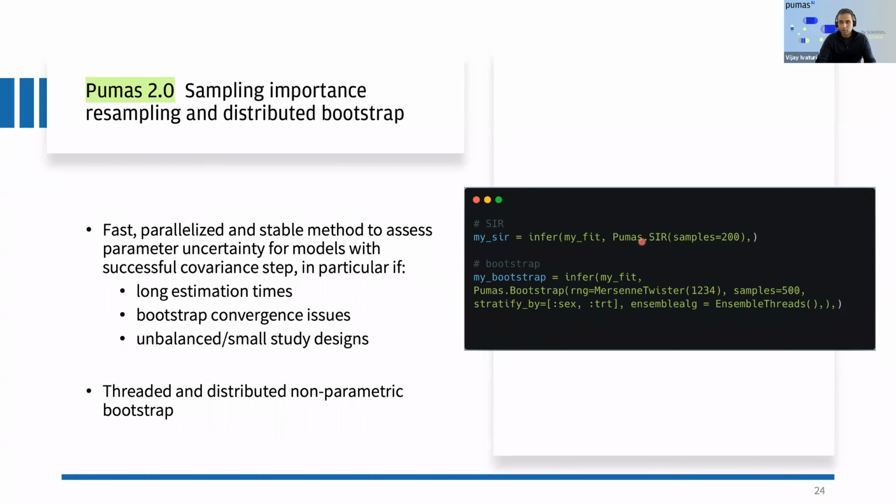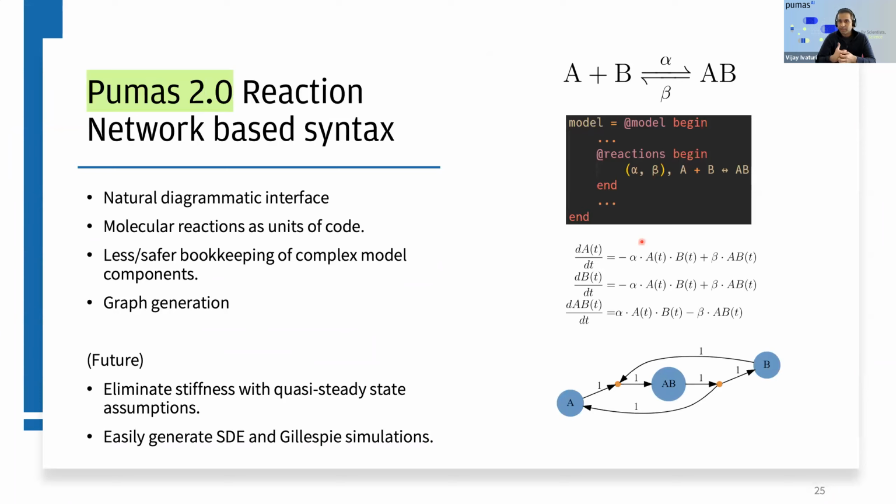Then starting 2.0, we have a new syntax that is available for reaction-based networks. So instead of writing the dynamics block where you write down your own differential equation for everything, imagine having this where you want to codify this reaction network. All you have to do is say @reactions begin, and then you say what the parameters of this reaction network are, what the species are, and what the product is.